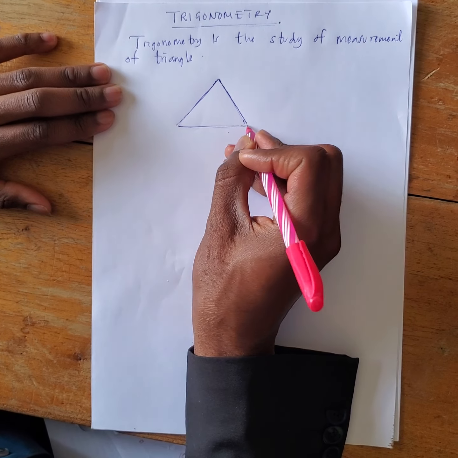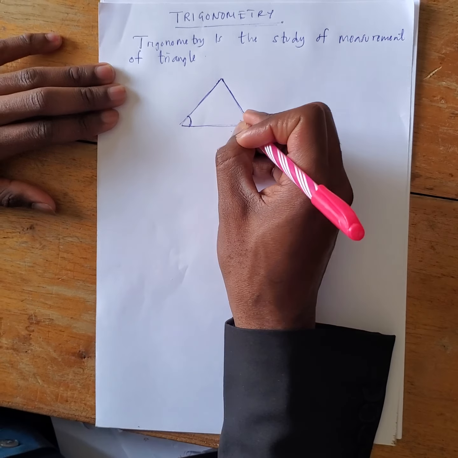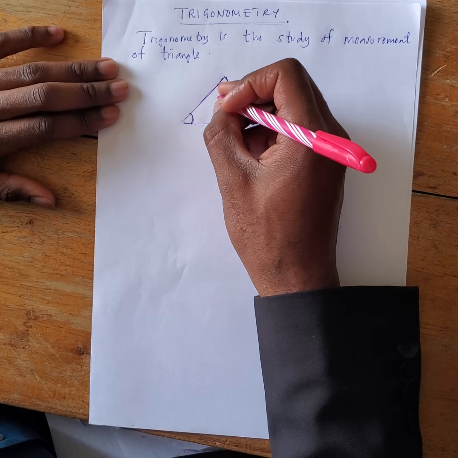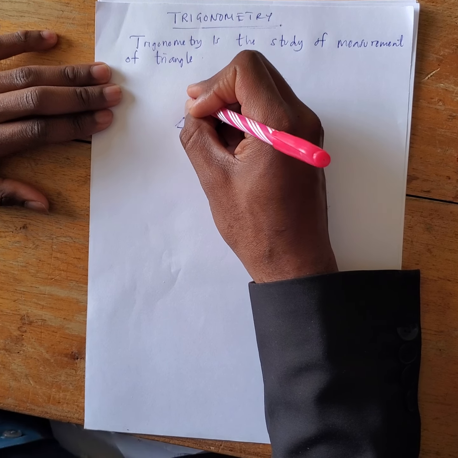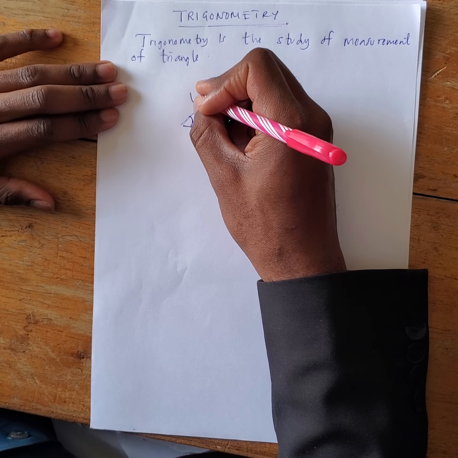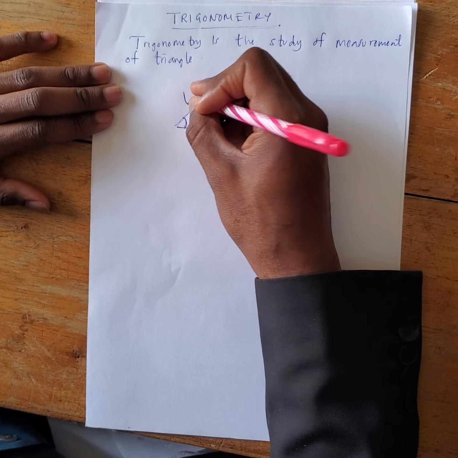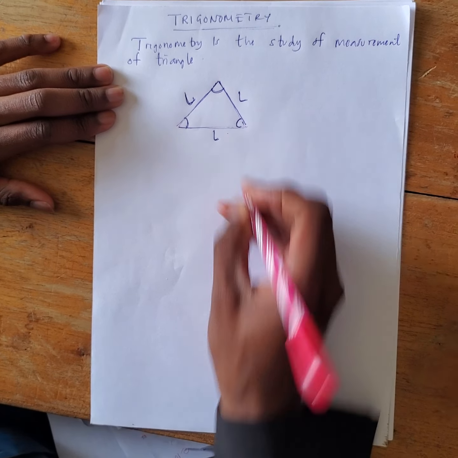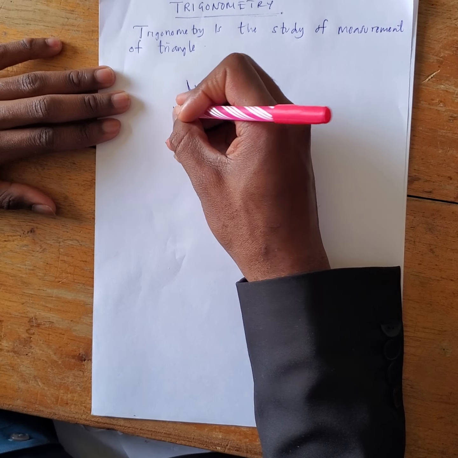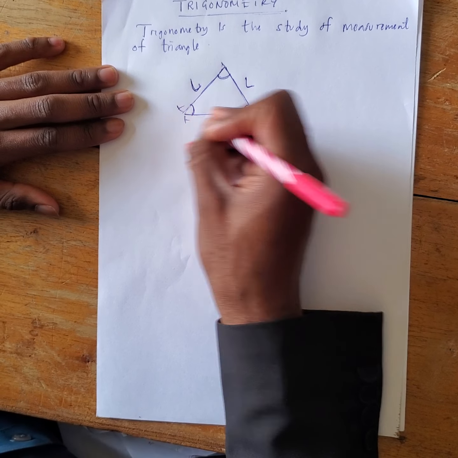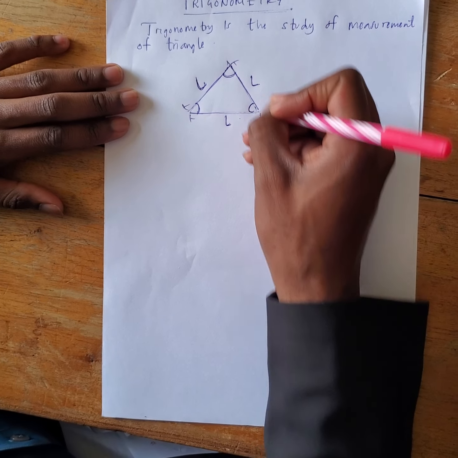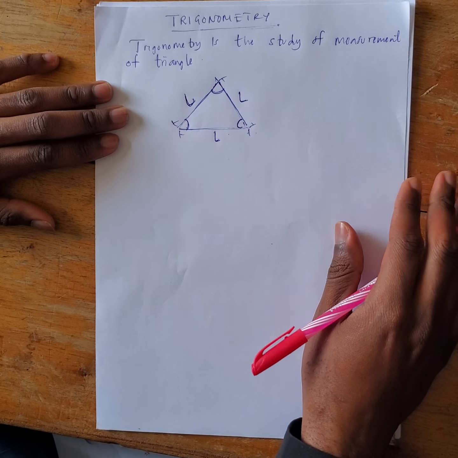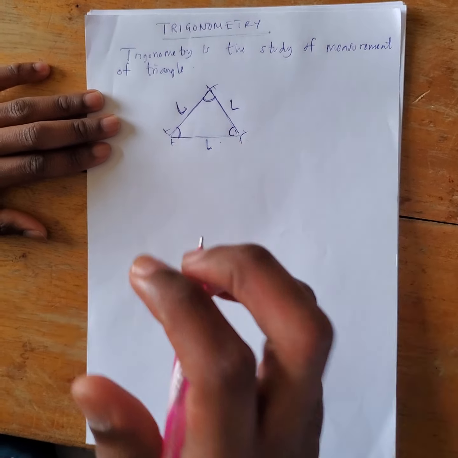In this triangle, we can measure the angles, and we can measure the length of the sides. We can measure the length of the side from here up to here, from here up to here, and from here up to here. So we can measure the length of the sides and the angles of the triangle.